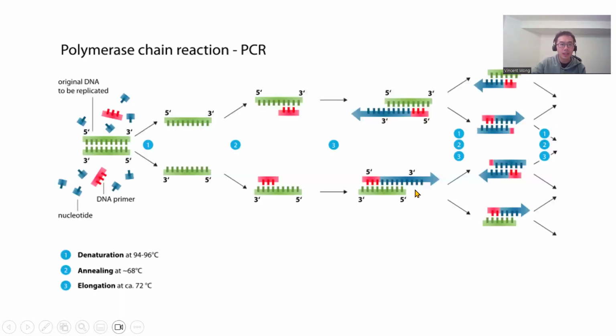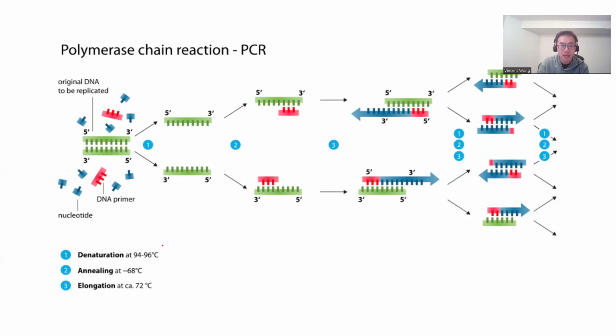So here in the PCR reaction, there are basically 3 steps. The first step is denaturation. Again, we heat up to 94 to 96 degrees. These numbers, you don't have to memorize them. When you actually do this, you really have to do the math to calculate what the right temperature is. But the idea is you have to heat it up.